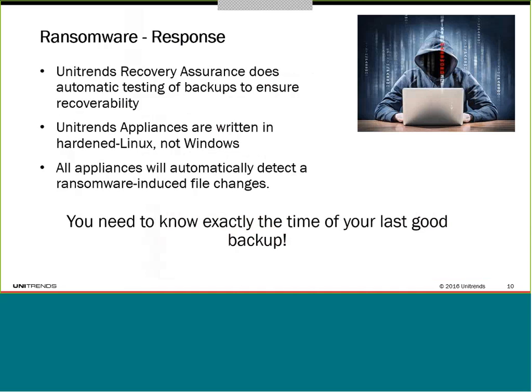Secondly, Unitrends products have predictive analytics capabilities so that they can detect a ransomware attack that has either just occurred or is occurring, by looking at the change rates between a backup file they did before the attack versus a file structure after it's been encrypted by the ransomware software.